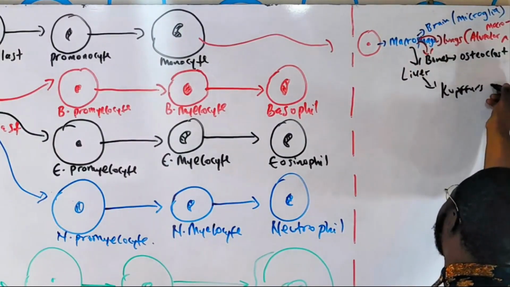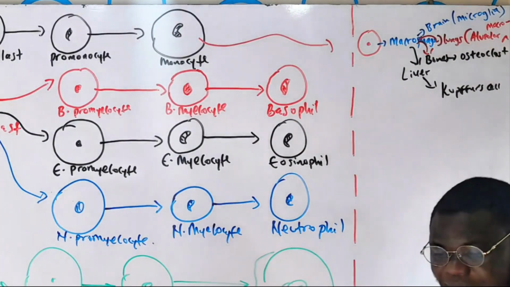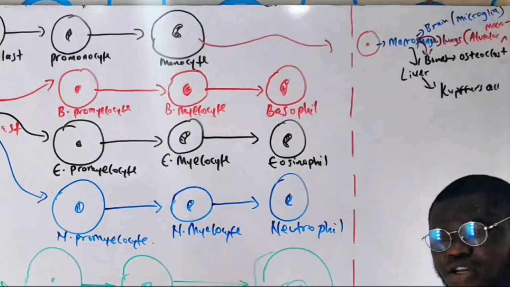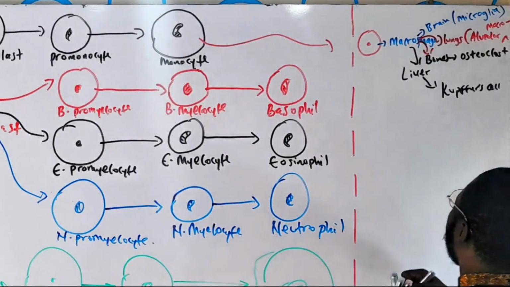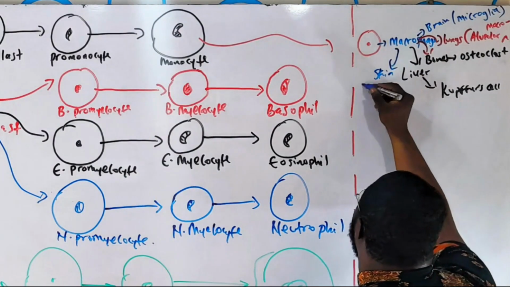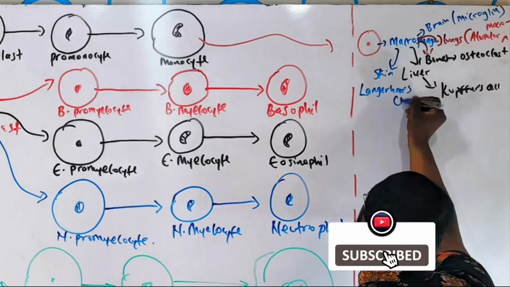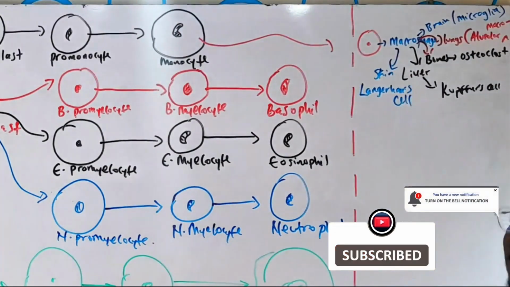Kupffer's cells, and so on and so forth. So when they go to different body parts, they become different cells. If they come to somewhere like the skin, they turn into Langerhans cells. Langerhans cells. All those things are macrophages. All these guys you are looking at are macrophages of the body.